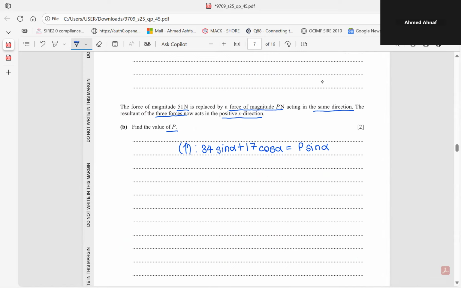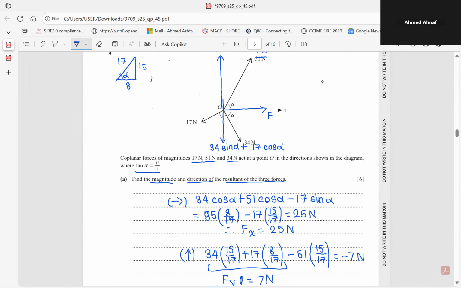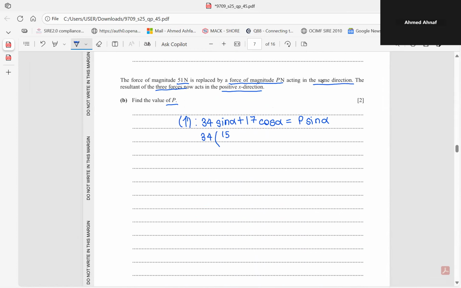All right, now we're just going to solve for P. So sine alpha, referring back to a triangle, is 15 over 17. So cosine alpha should be 8 over 17. And P is sine alpha, sine alpha is 15 over 17.